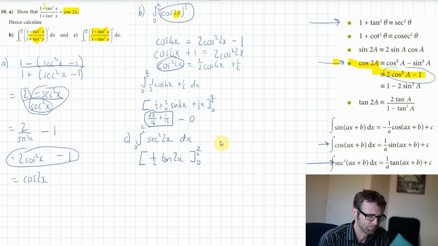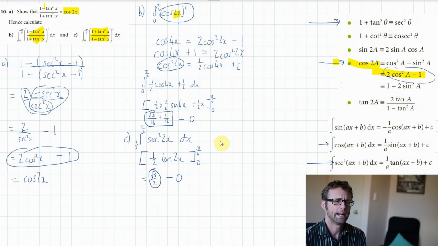And when I do that, I get square root 3 over 2. And then when I chuck a 0 in, tan 2 times 0 is tan 0, and we know tan 0 is 0, so I'm going to be subtracting once again 0. So actually this is going to be my final answer, square root 3 over 2.